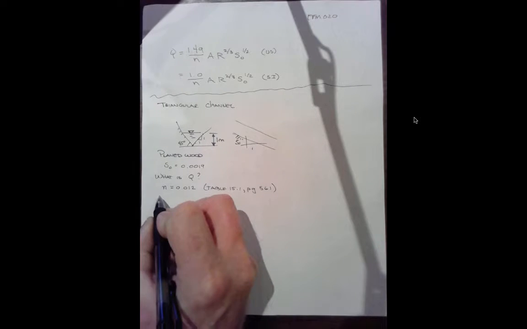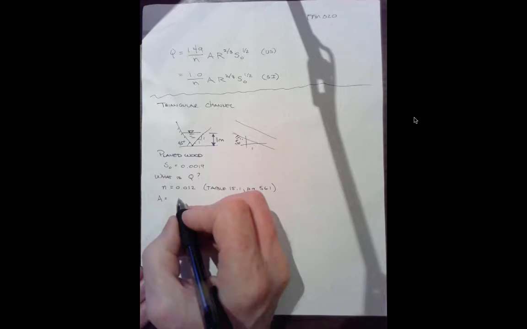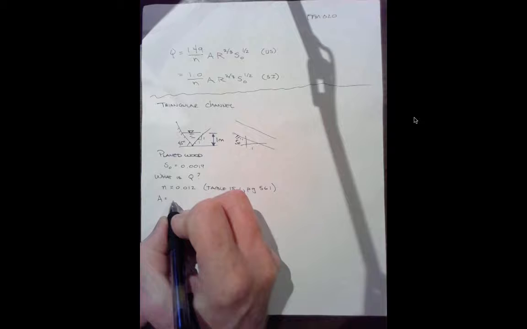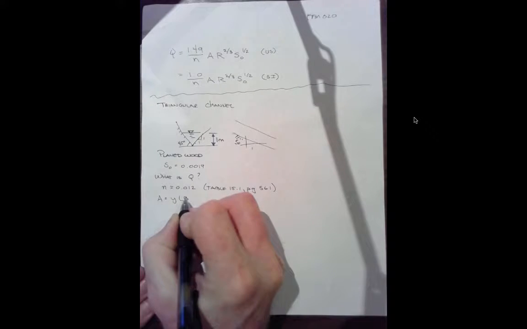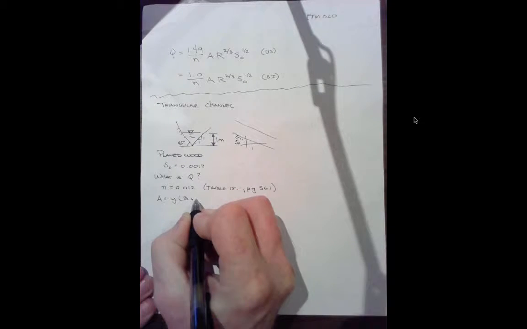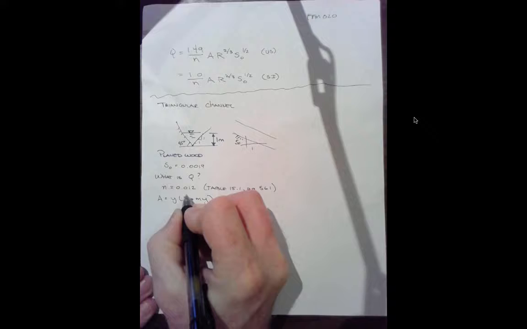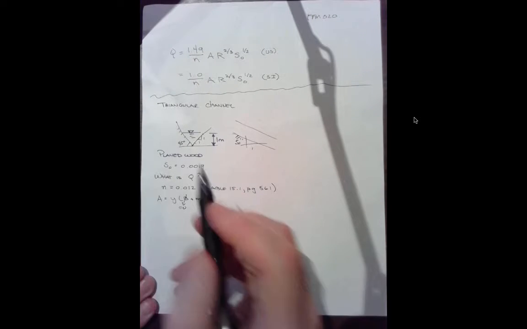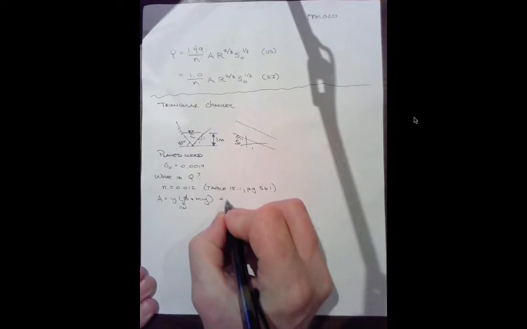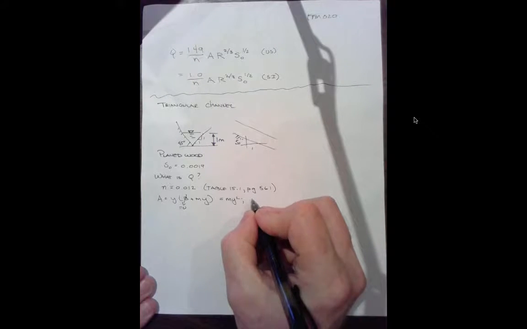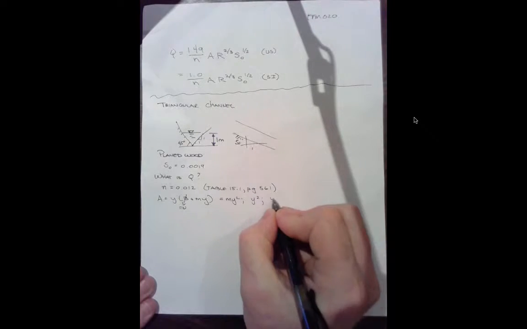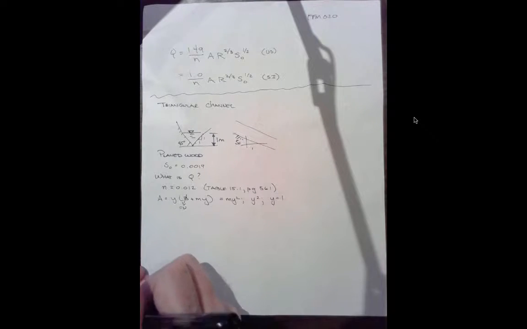The cross-sectional area is, in this case, equal to the depth squared. Since it's a trapezoid, we could use the trapezoidal formula y times (b plus my). b is equal to 0, there's no bottom width, and so this is equal to m y squared. m equals 1, so the result is y squared, and the numerical value of y is 1.